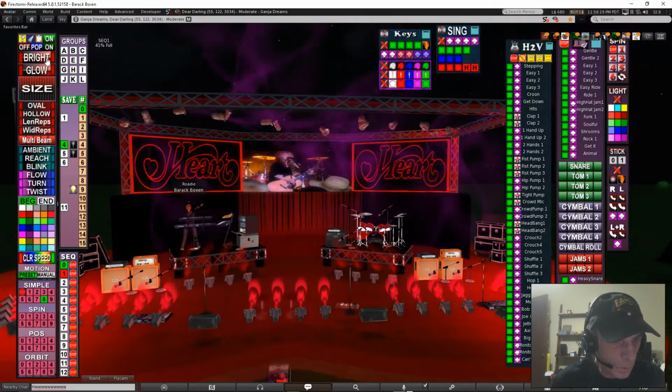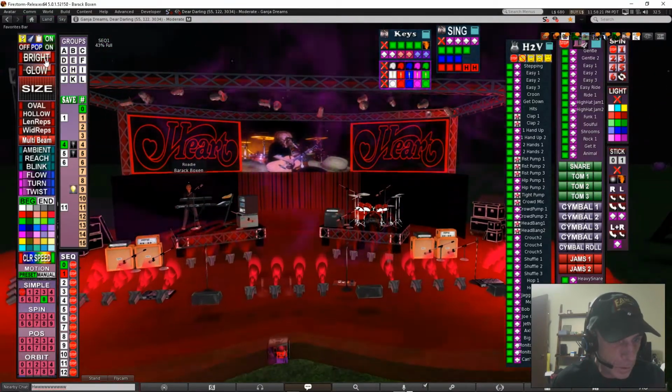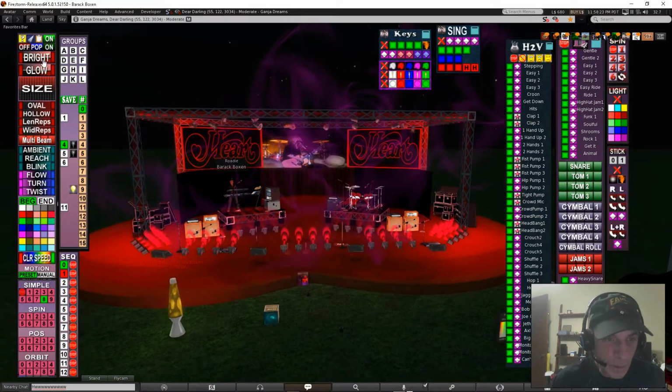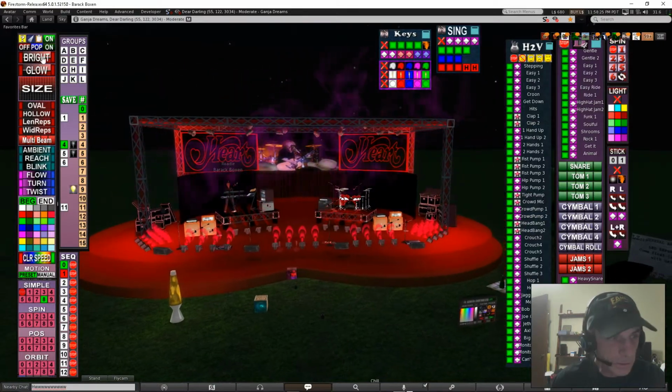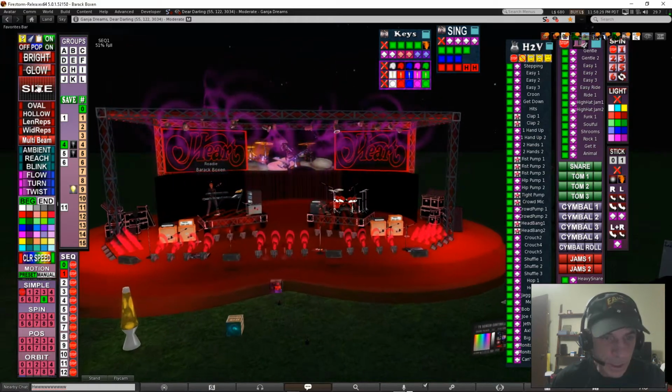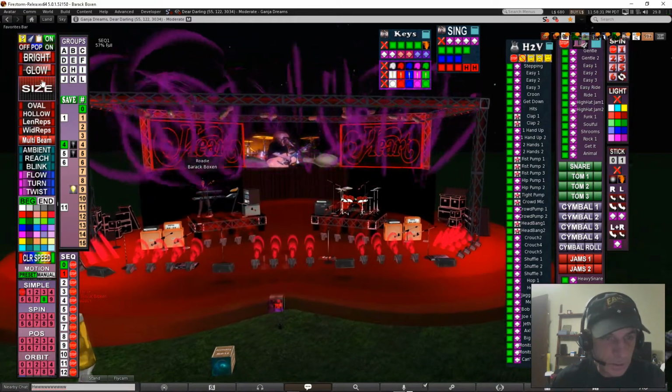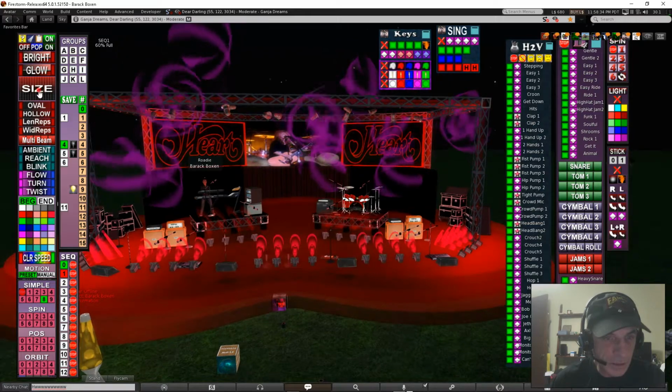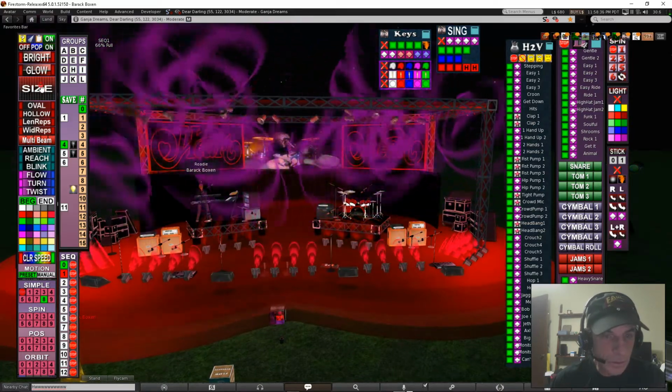Whoa! Yeah. But nice and wide. And tinker with the size, so we can remember these settings. Whoa.